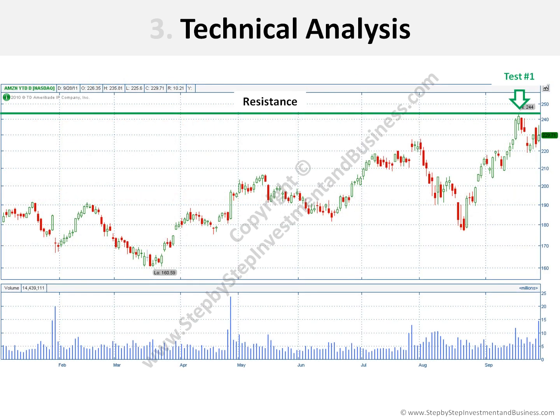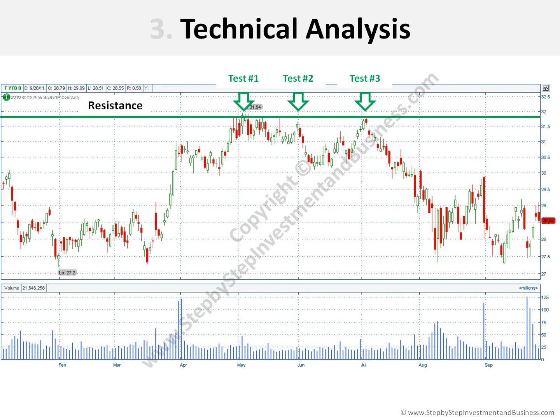In this chart of the Amazon company, we can clearly see that for a price of around $244, the stock reached its maximum value. This value is indicated here with an arrow that says test number 1. So, we can say that the stock found resistance at this value.